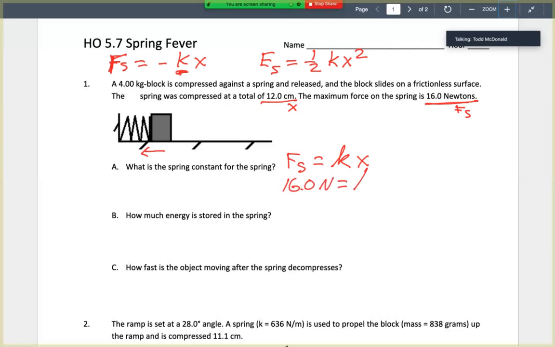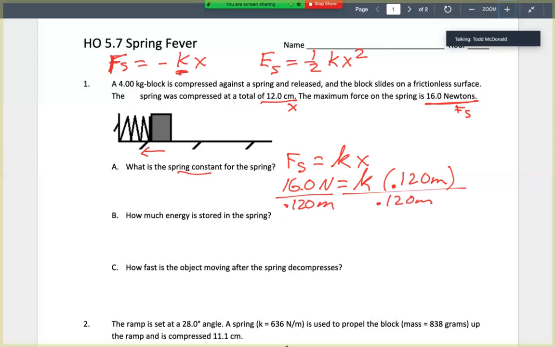The K value is our unknown, the spring constant, and the amount that the spring is compressed, in this case we're compressing, is 12 centimeters. Now be careful with this. This has to get converted to meters. So we're going to go with 0.120 meters.